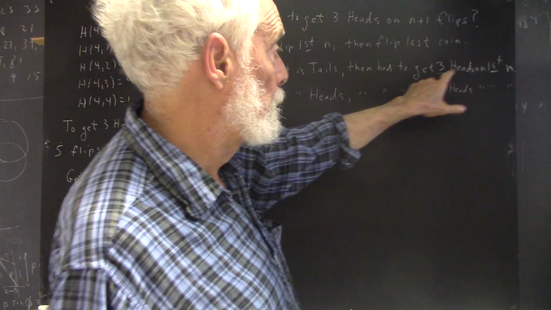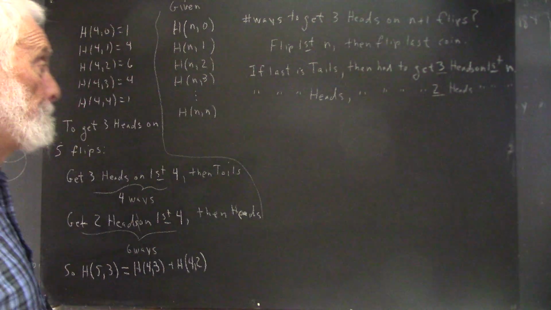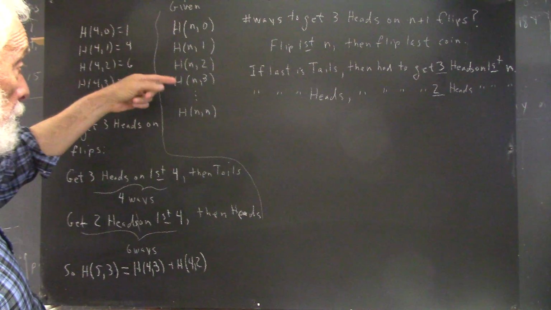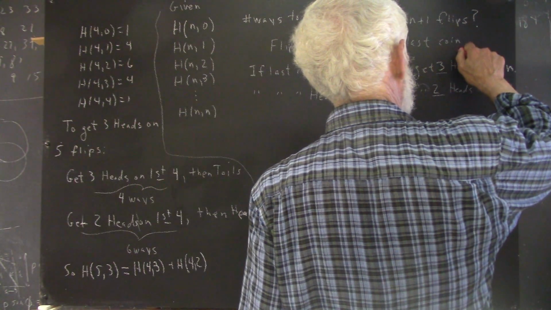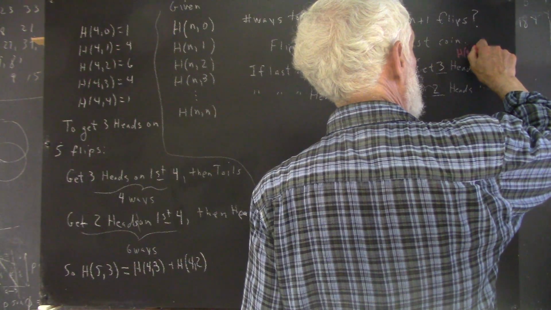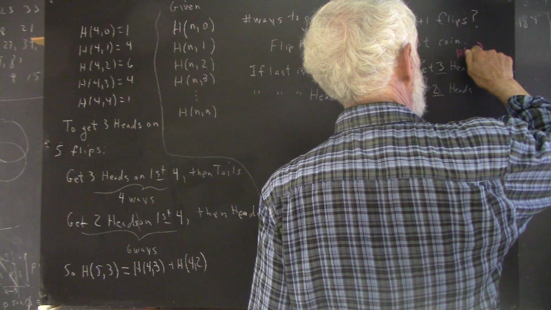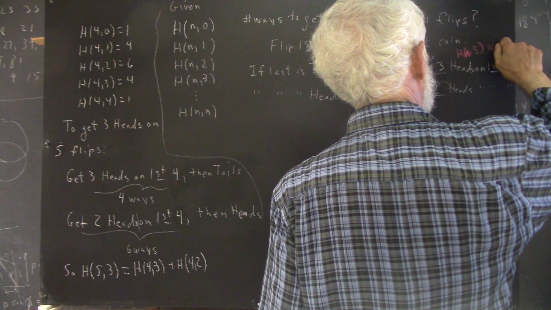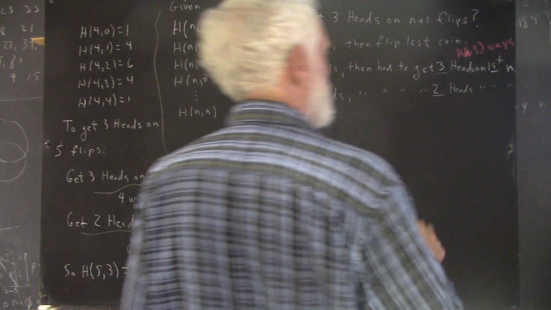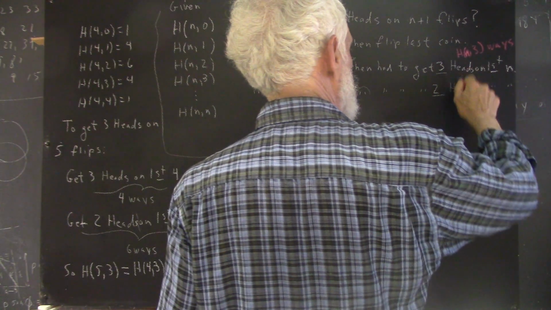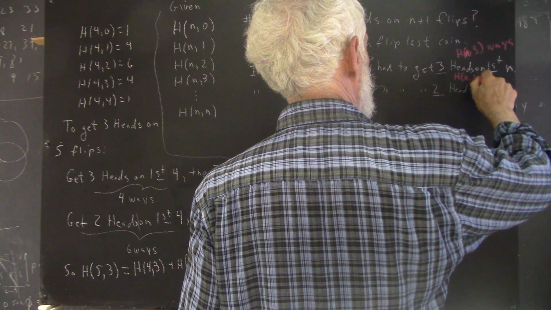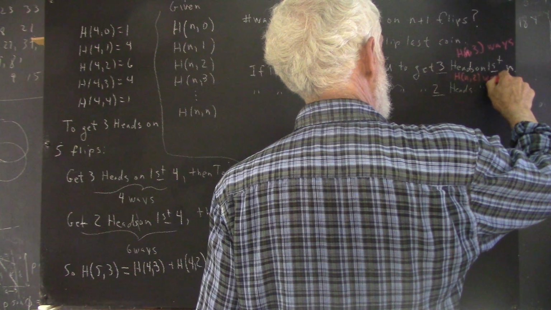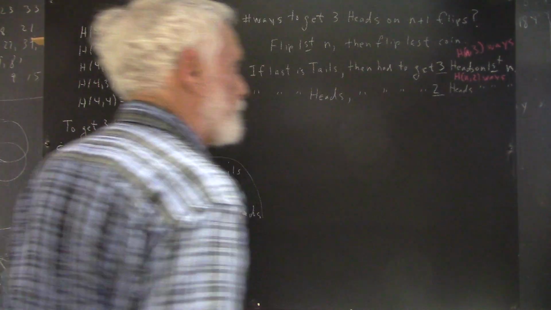Okay, how many ways to get 3 heads on the first n flips? Well, we have that right here, h of n,3. So this is h of n,3 ways. That n didn't come out very well, but that's h of n,3. And this can happen h of n,2 ways.